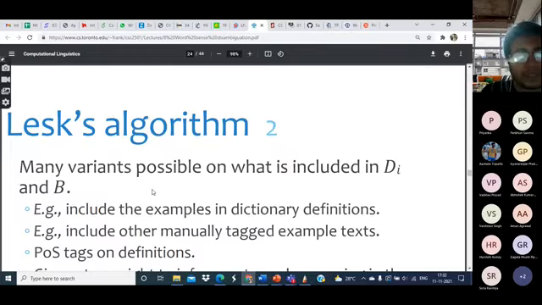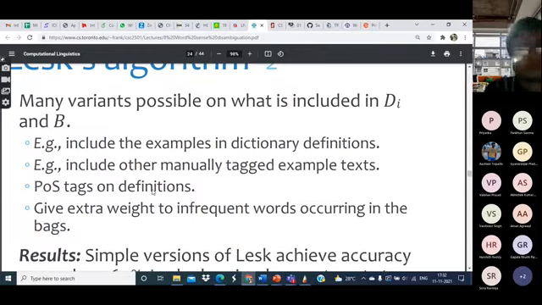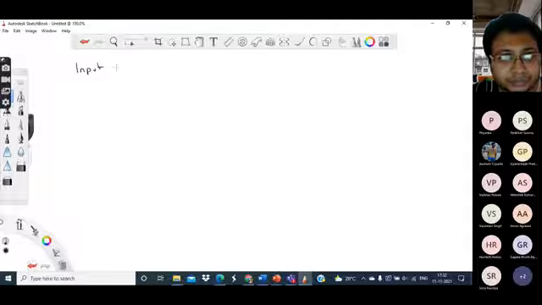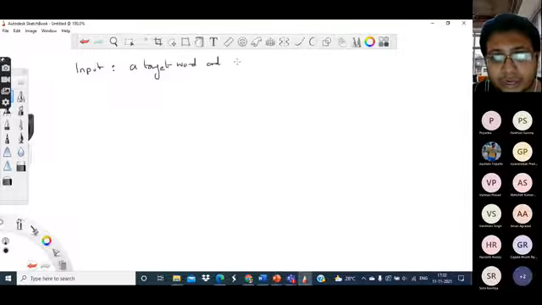So what basically is the LESC algorithm? What the LESC algorithm does is, suppose you have a target word. The input is a target word and context words.